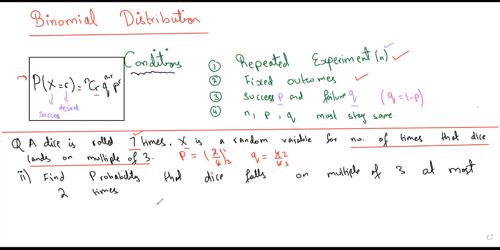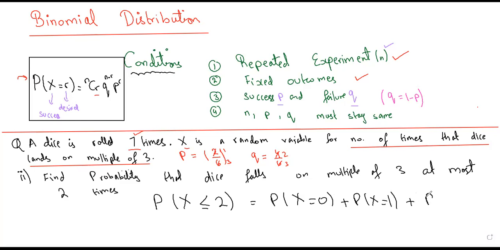Okay. Now again, it would be probability of x. At most means that the maximum number should be 2. So x is going to be less than or equal to 2. Now this means that we will be talking about probability of x equals 0 plus probability of x equals 1 plus probability of x equals 2.